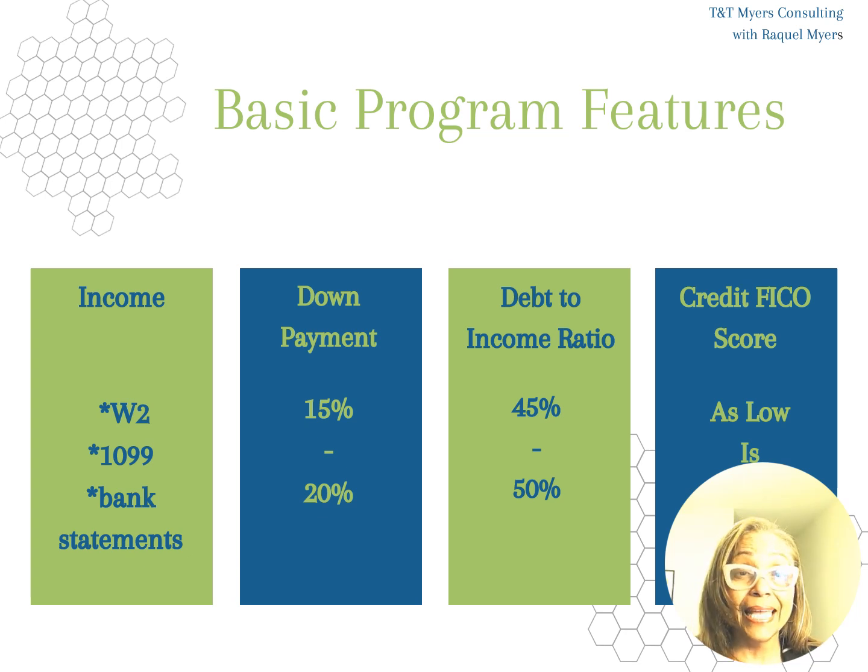Down payment, anywhere from 15 to 20% down. This is why I said that some of these buyers who are strong in assets would be a good candidate for this particular program. They're self-employed, they have large assets, perfect for this particular program. Debt to income ratio. They have more buying power, anywhere from 45 to 50% debt to income.